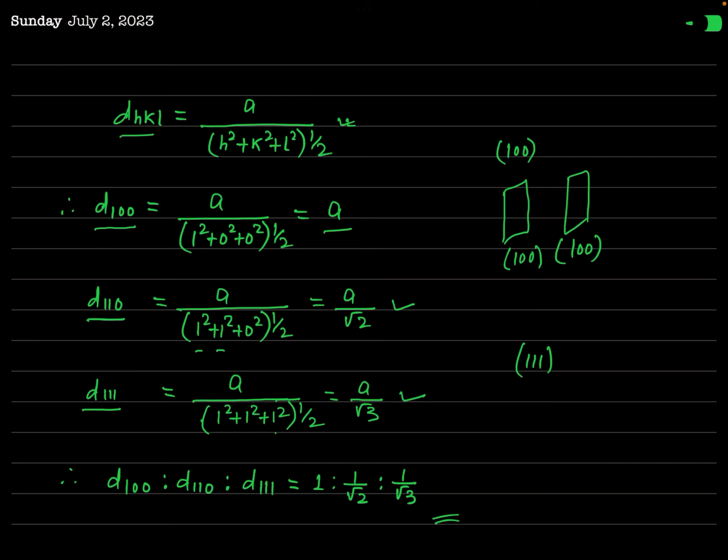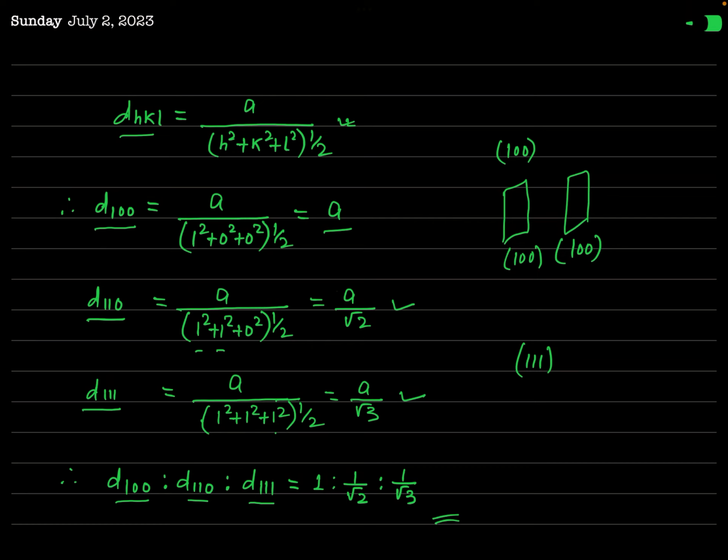So you can see that the separation between the two parallel planes 1 0 0, the separation between the two parallel planes 1 1 0, and the separation between the two parallel planes 1 1 1 in a cubic system are not the same. So if your aim is to find the ratio of the separation between these planes, what will be the ratio? The ratio of D_100, D_110 and D_111 will be A is to A by root 2 is to A by root 3.